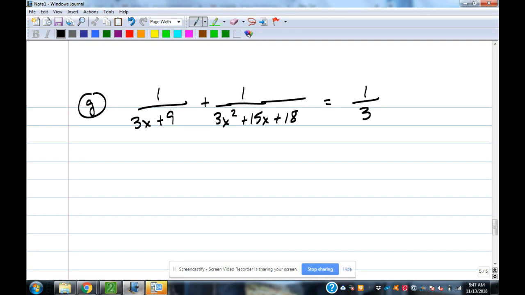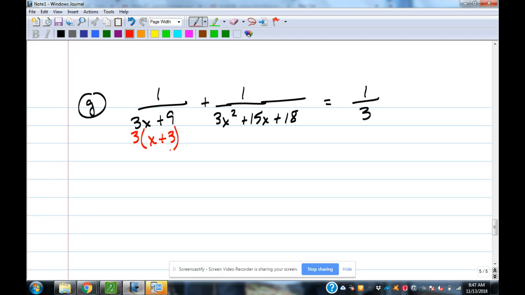So first thing we want to look at is the denominators and try to factor them if at all possible. So the first one, 3x plus 9, will it factor? GCF of what? 3. So that's 3 parentheses x plus 3, right? What about the second one?